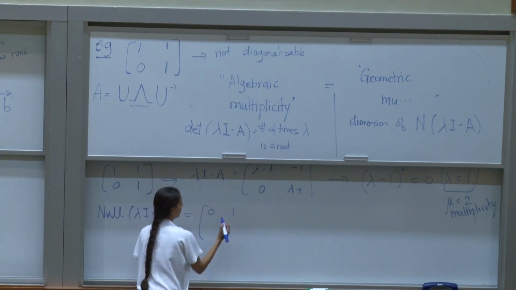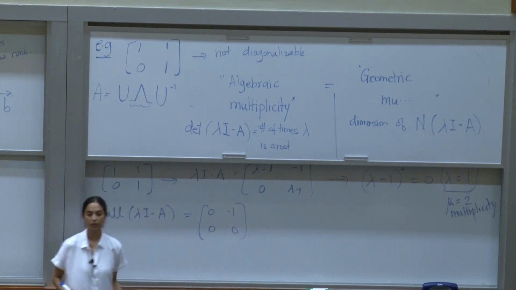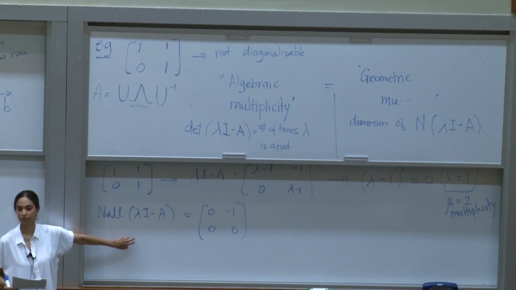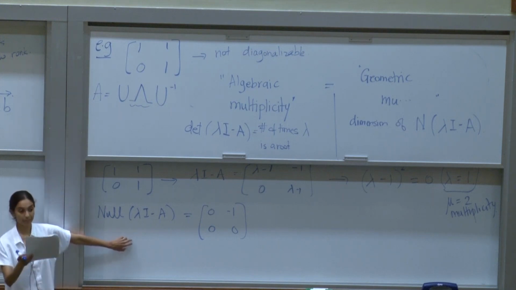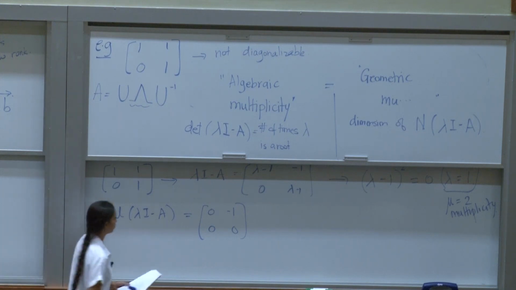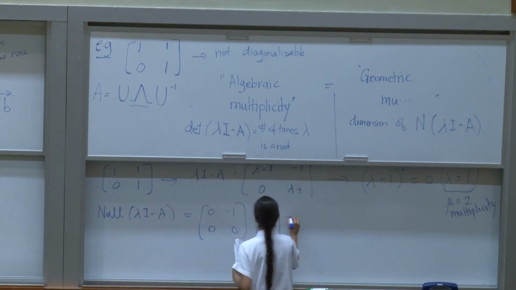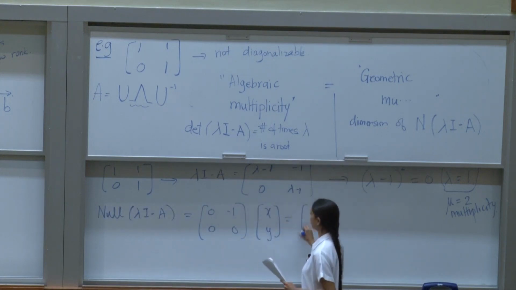This is 0, 1, or minus 1, 0, 0. Right? What is the eigenvector corresponding to this? Anyone? Yeah. 1, 0, right?